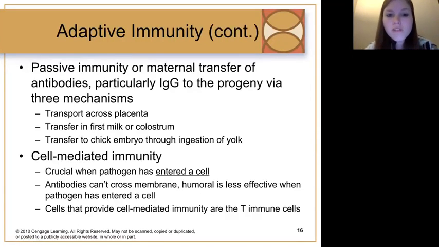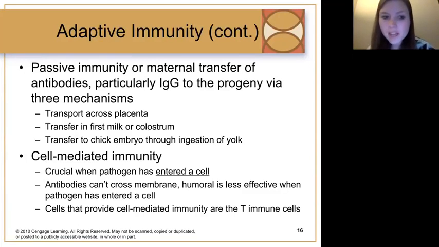So part of adaptive immunity is passive immunity, or the maternal transfer of antibodies, particularly IgG, to the progeny, which just means offspring, via 3 mechanisms. So transport across the placenta. During gestation, obviously the dam or the mother is going to be connected to the fetus through the placenta.